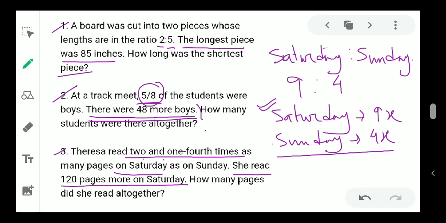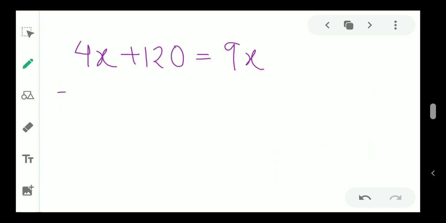So again, she read 120 pages more on Saturday, so Saturday is the bigger one. If I add 120 to the smaller one, I should get the bigger one. Now just solve it. 9x minus 4x is 5x, equals 120.